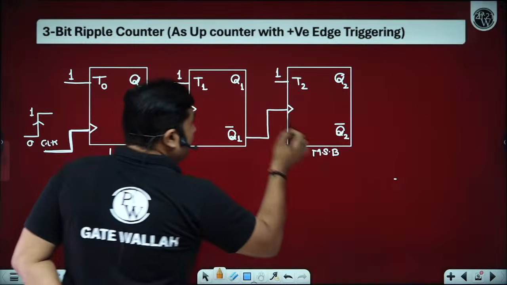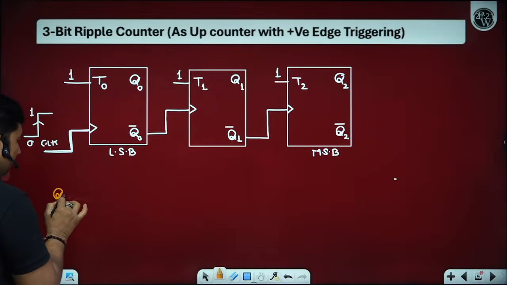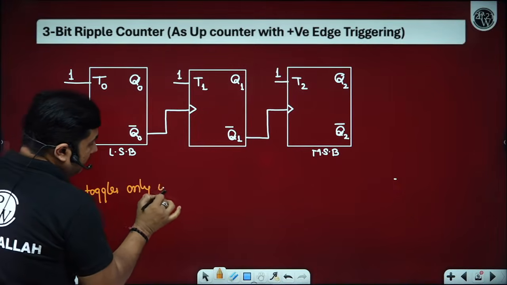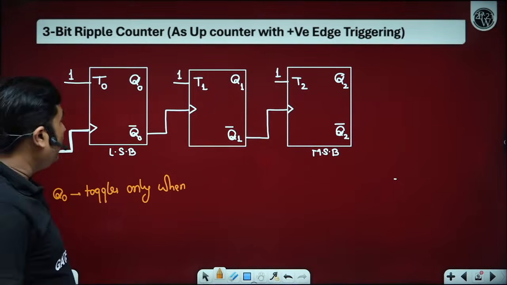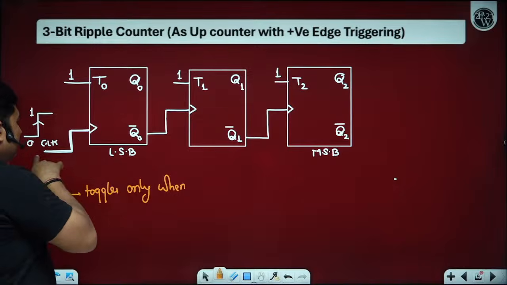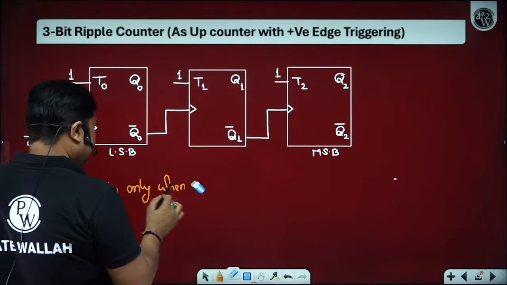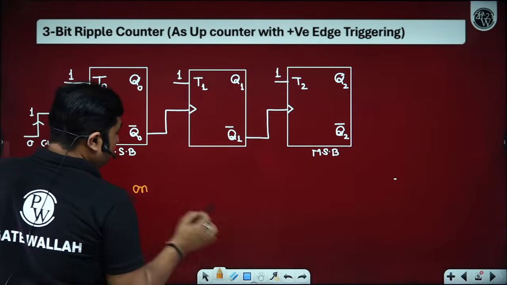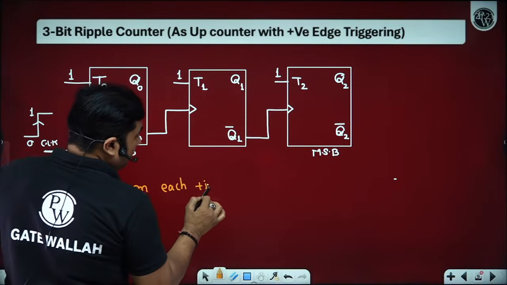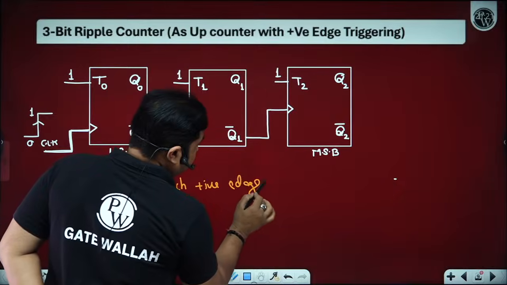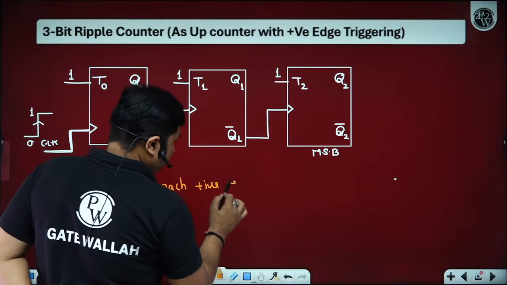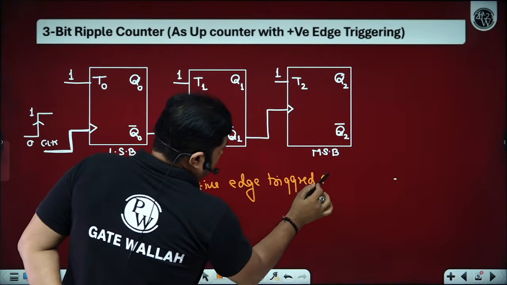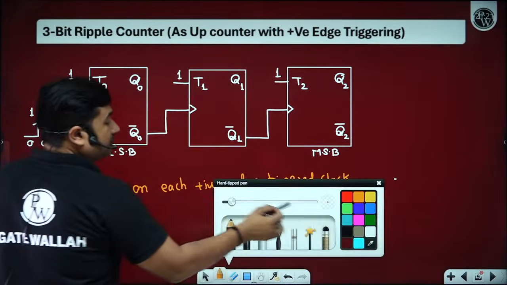Can I say Q0 toggles only when the clock changes, or I can write Q0 toggles on each positive edge triggered clock.